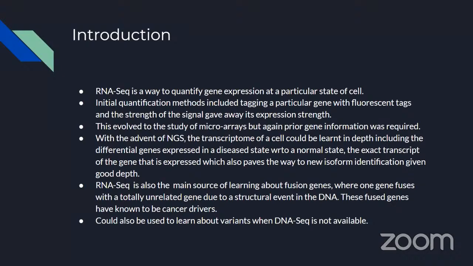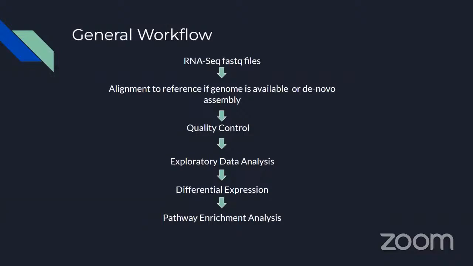Given that there are a lot of modifications that occur after transcription, even given all that information, we can still, with good likelihood and good probability, predict variants using RNA-seq. So that is another use of RNA-seq.